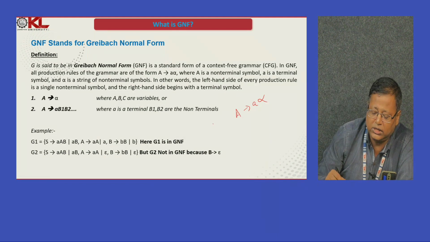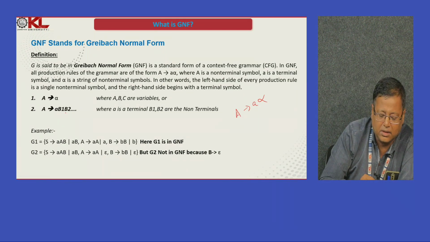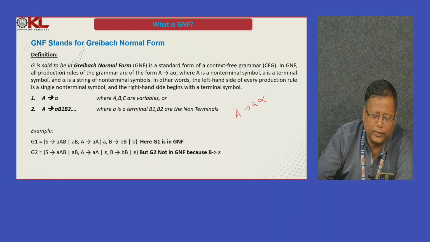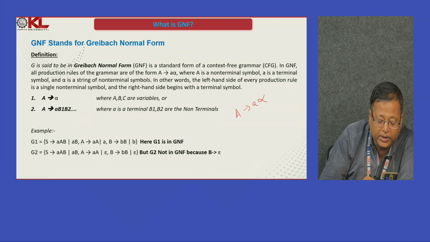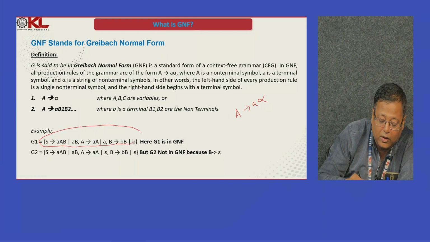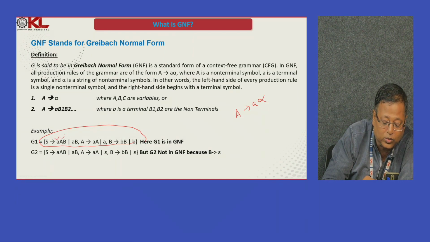So the rule says A derives small a, capital B. The non-terminal symbols are capital B1, B2. You can take any number of non-terminal symbols. So for example, G1: S derives AB, or AB, A derives a, and you check these, these are in the form, because a non-terminal derives a terminal with non-terminals.